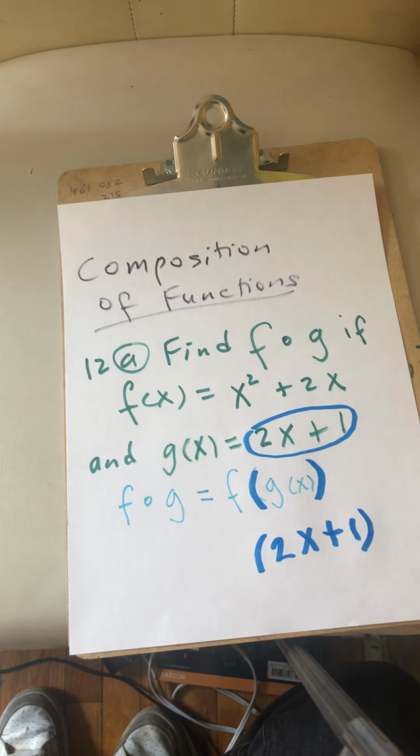Okay, no rational functions, I was skipping ahead. So 12D is f of x is equal to x squared, and g of x is equal to 3x squared minus 4.